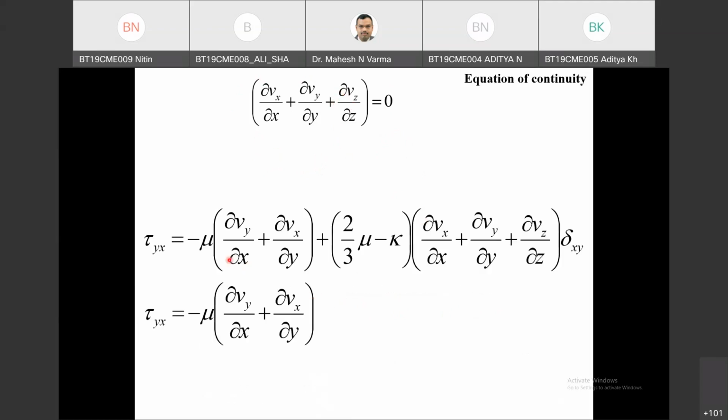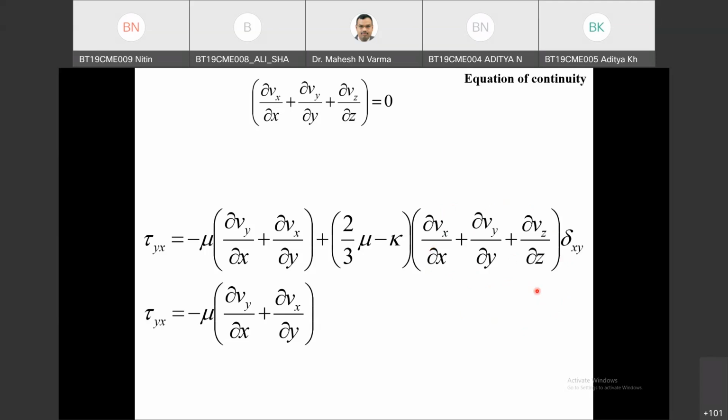If you remember, wherever we were getting the generalized Newton's law of viscosity, the second bracket was neglected. Why was this second bracket neglected? Because this is the divergence of velocity, and we were dealing with a continuous flow and a liquid flow.